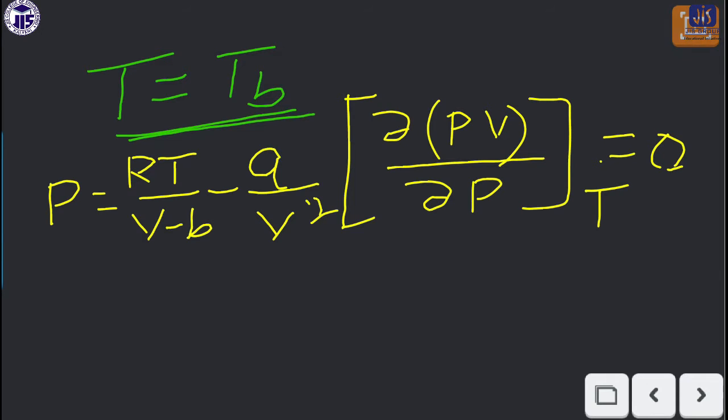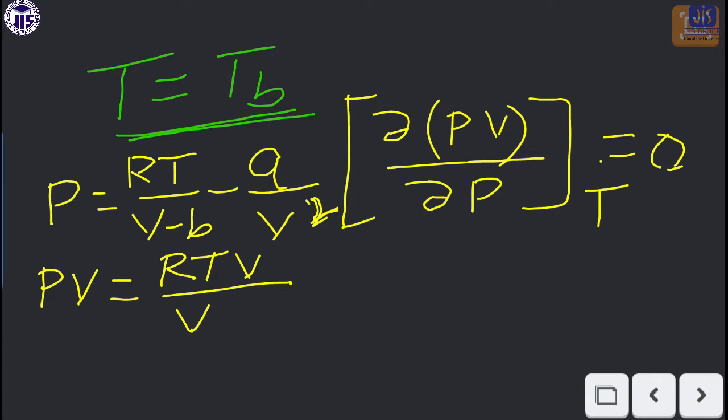I already discussed in the previous class the expression for the real gas, and from this expression we can write P is equal to RT by V minus B minus A by V square, and from here we can write that PV is equal to RTV divided by V minus B minus A by V.